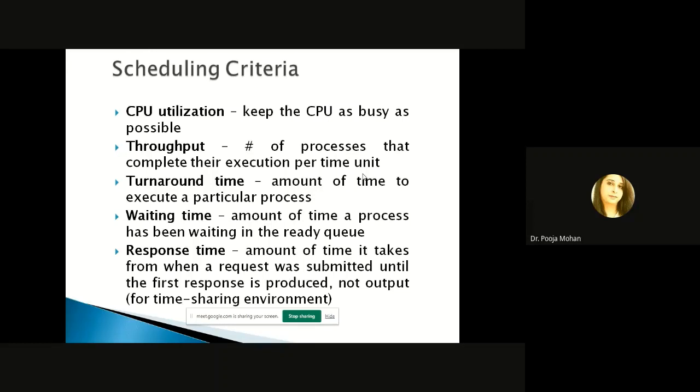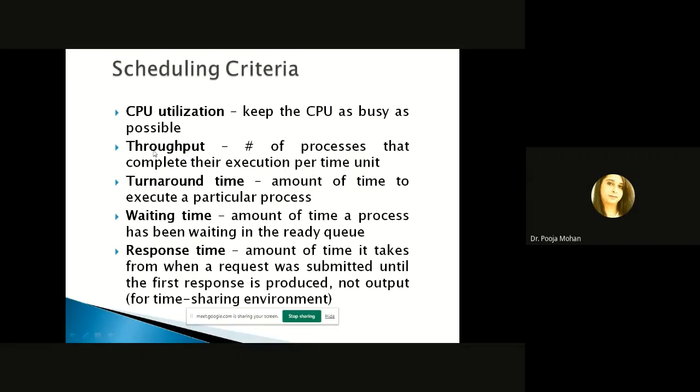In the case of long processes, the throughput will be one process per hour, and in the meantime, more than 10 processes can execute per hour if the processes are short. So this throughput will also depend upon the job mix. What is job mix? The number of CPU and IO bound processes.